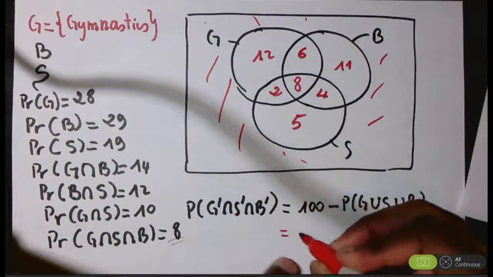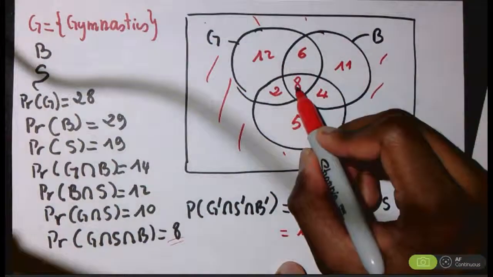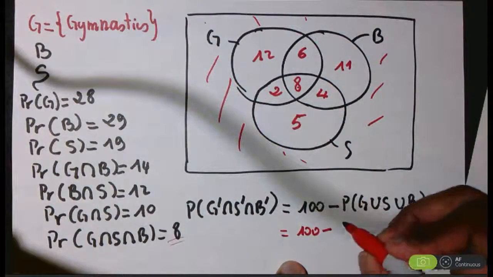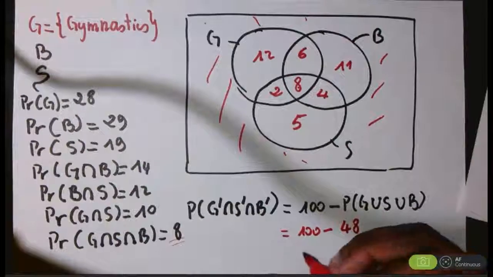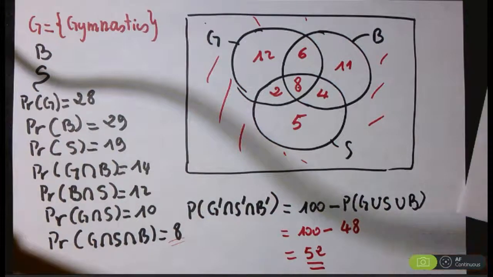So it's 100 minus that sum, which is 48. So 100 minus 48 is 52, and that is our final answer.